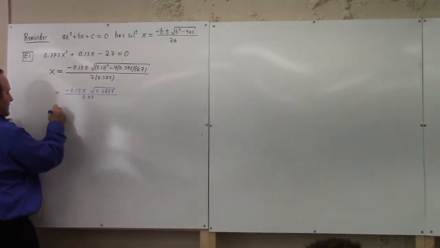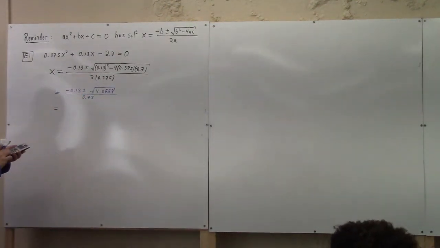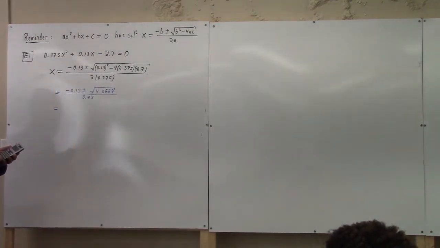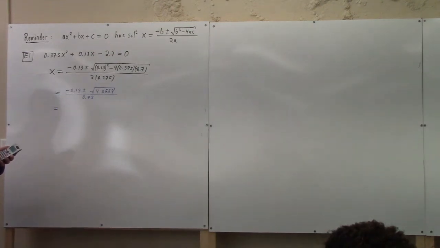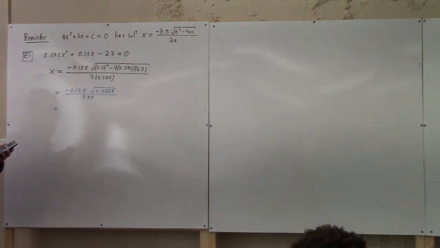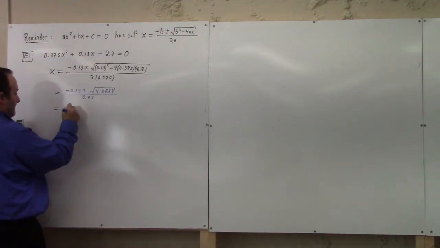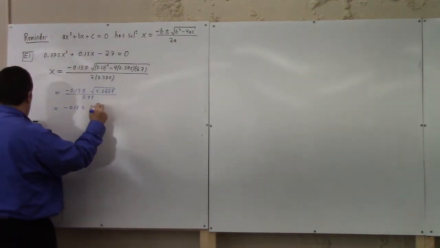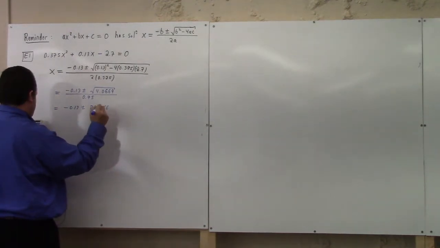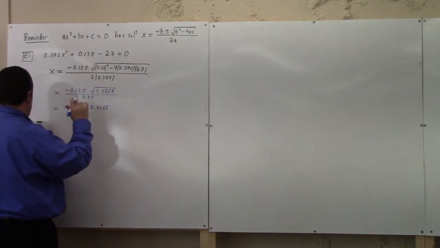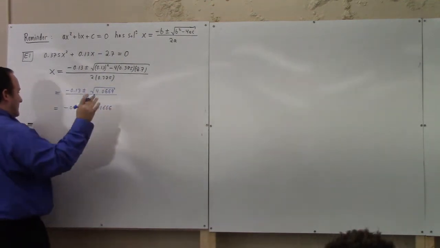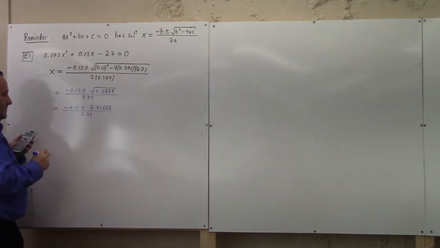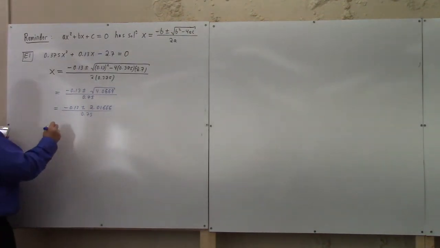All right. So what's the square root of 4.0669? Well, it is 2.0166, I'll just say 666. It goes on from there. Let's figure those out.